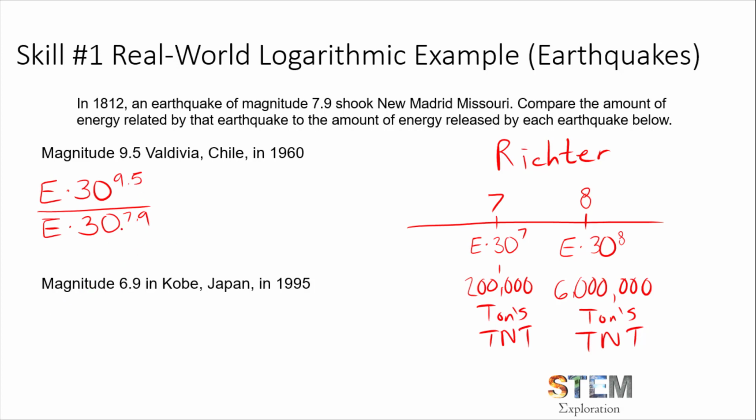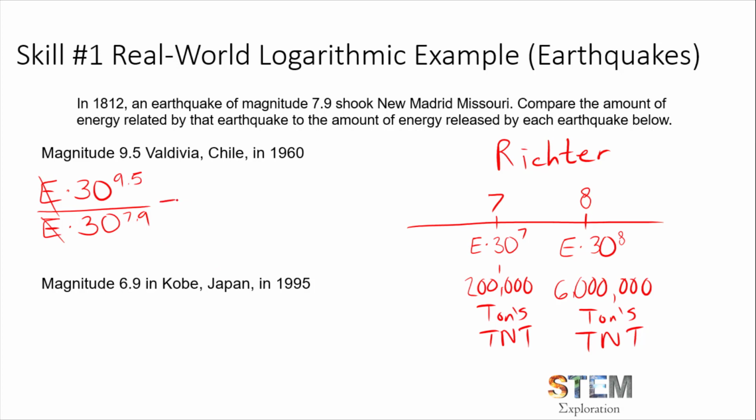And so what you're going to see here is that we are just simply taking the total seismic energy of the larger earthquake, or the magnitude of the earthquake in Valdivia, Chile, and dividing it by the earthquake in New Madrid, Missouri. And so whenever you're looking at this, what you're going to see is that E is in both the numerator and the denominator, so we can just cancel it.